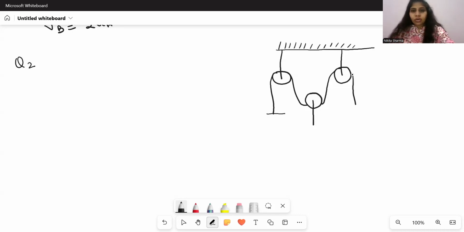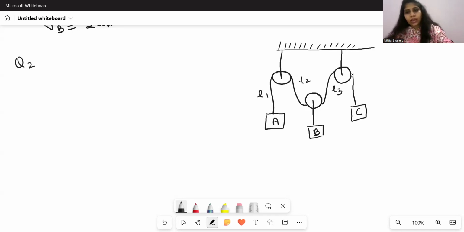Three blocks or wedges we can say A, B, and C are hanging here. Lengths are L1, L2, L3, L4. Curved lengths C1, C2, C3 are given.